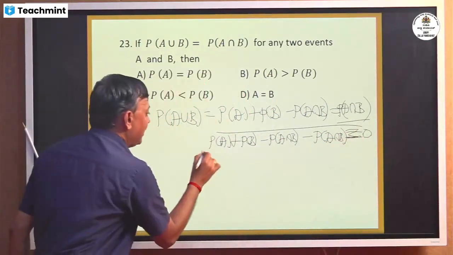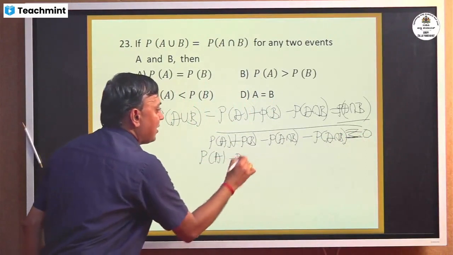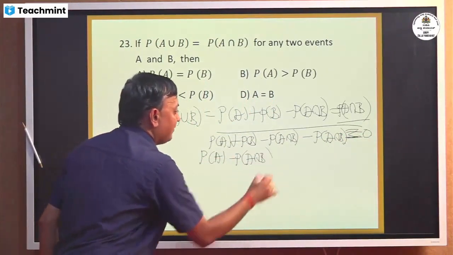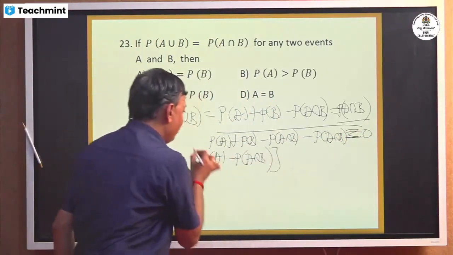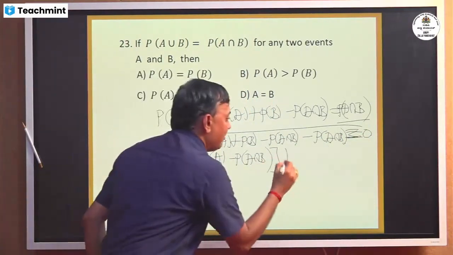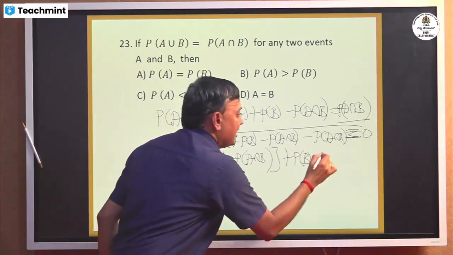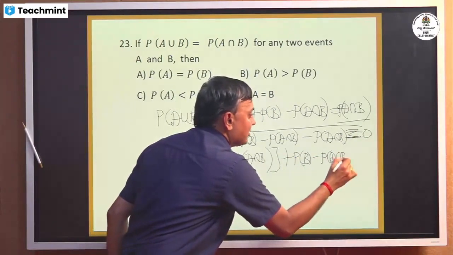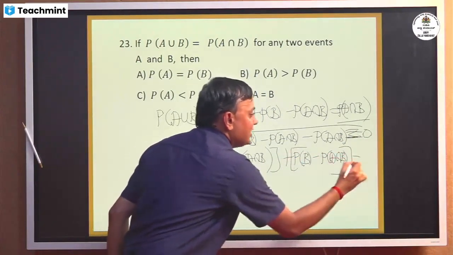Then probability of A minus probability of A intersection B, this is one group, plus probability of B minus probability of A intersection B, this is another group, is equal to 0.